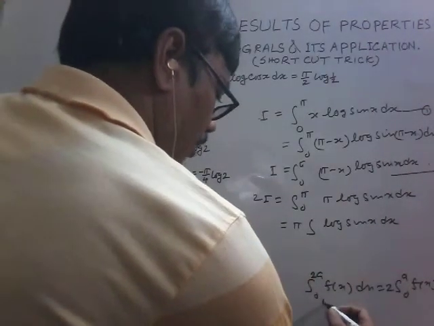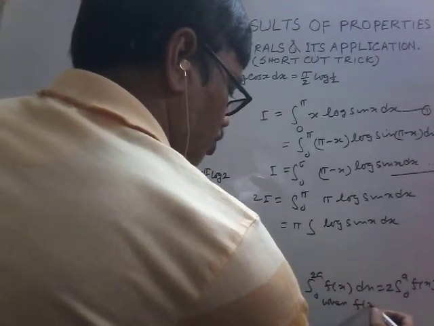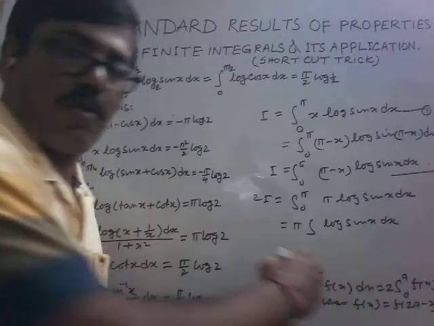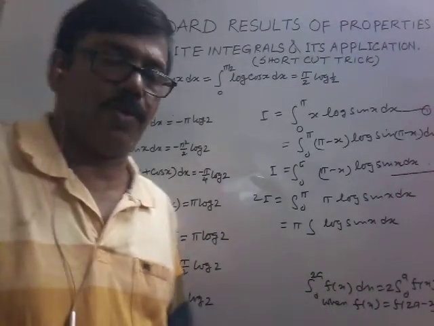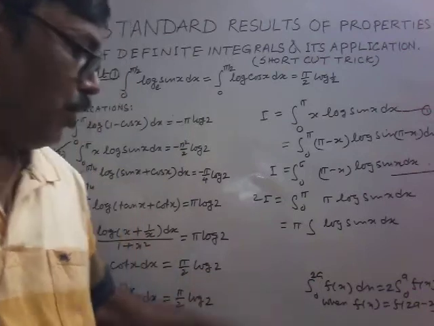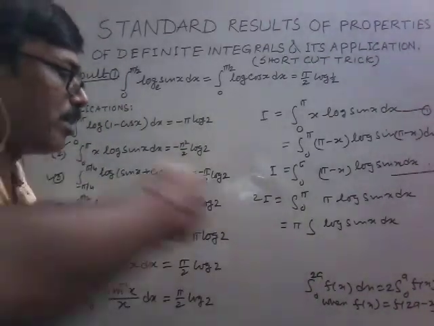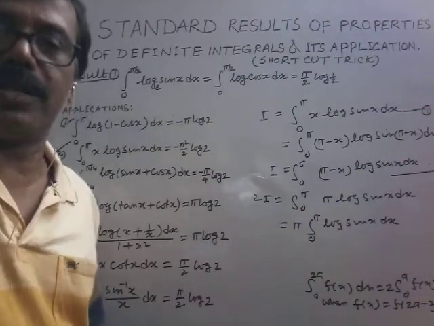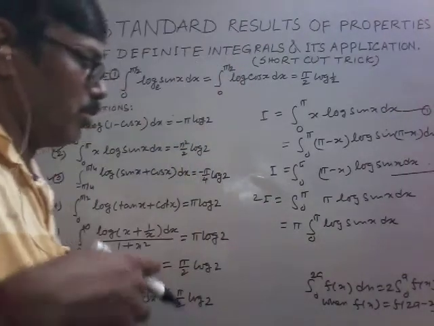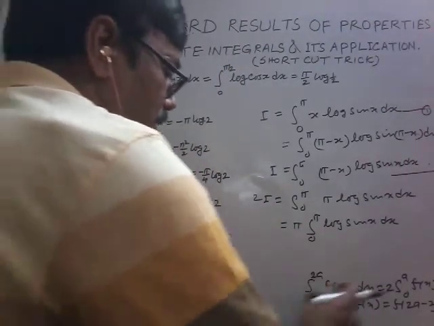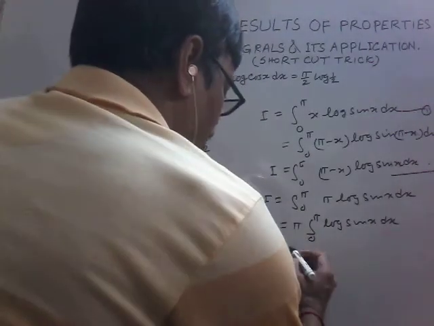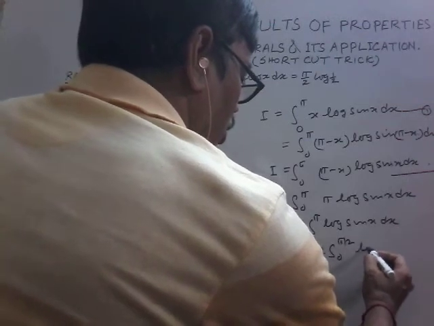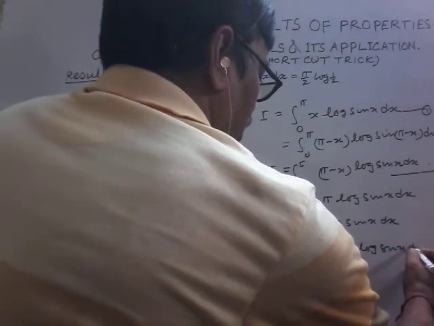This holds when f(x) equals f of upper limit minus x. What is our upper limit? The upper limit is pi. So log sin of pi minus x is again log sin x. So we can write this pi, by the above property, as pi into 2 into integral 0 to pi by 2 of log sin x dx.